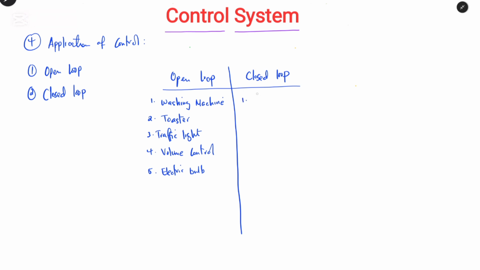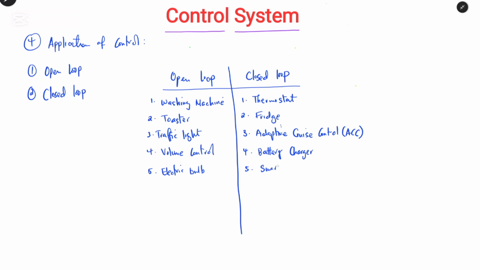For the closed loop, we can say the thermostat. 2, maybe the fridge. 3, we can have the adaptive cruise control, sometimes they call ACC. 4, we can have the battery charger, and 5, we can have the smart grid.